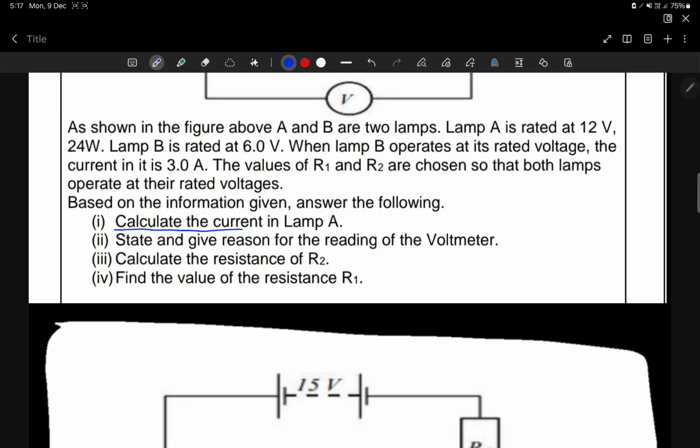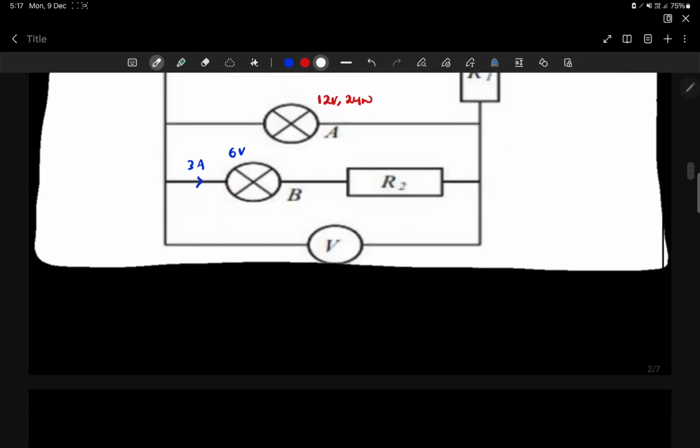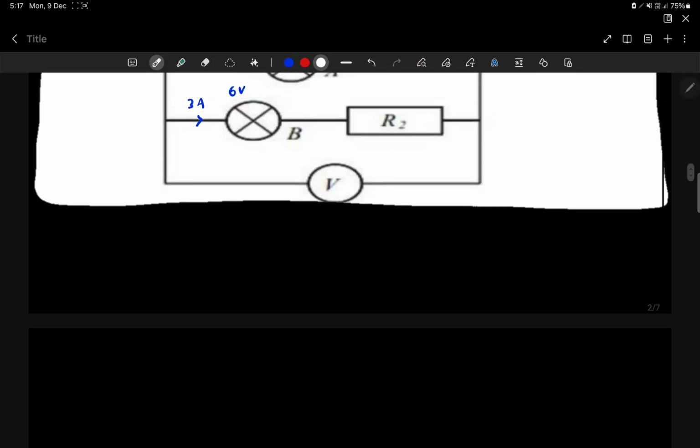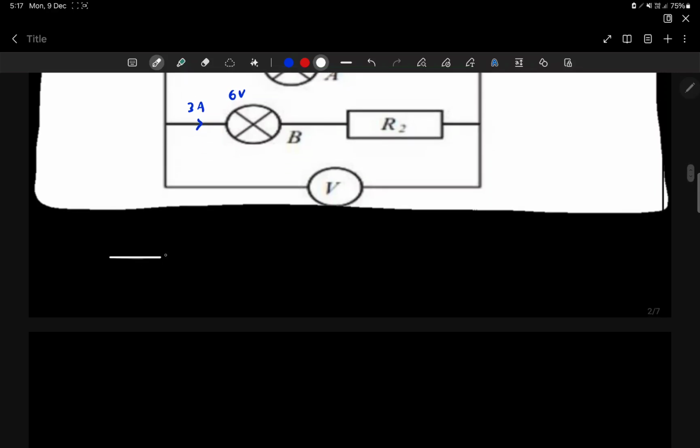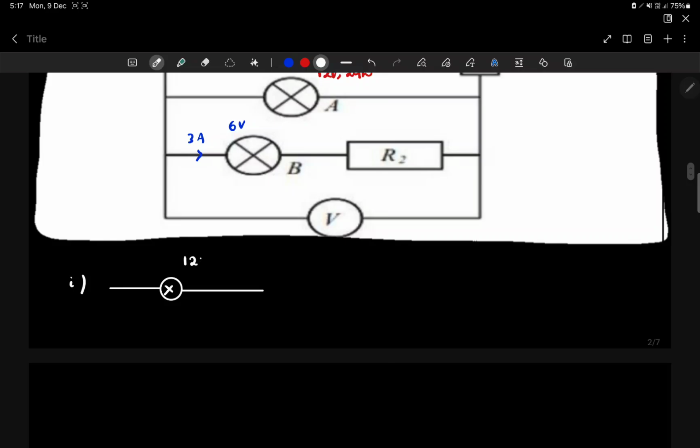First, it is asking to calculate the current in lamp A. In case of lamp A, everything is given: its voltage rating and power rating.